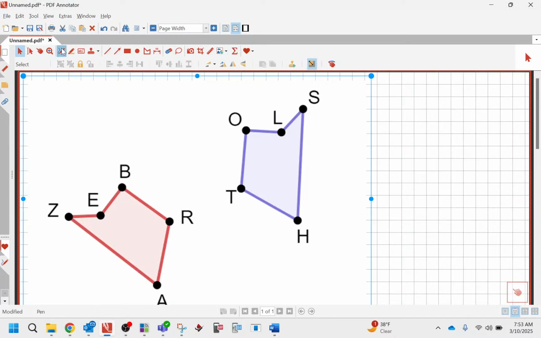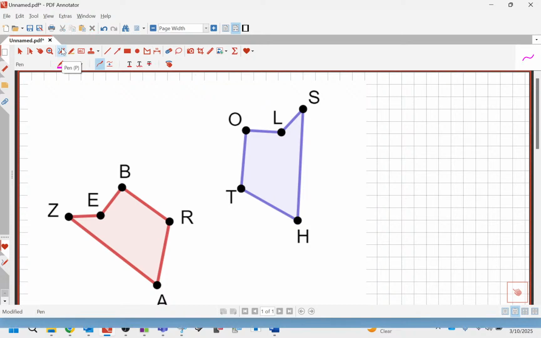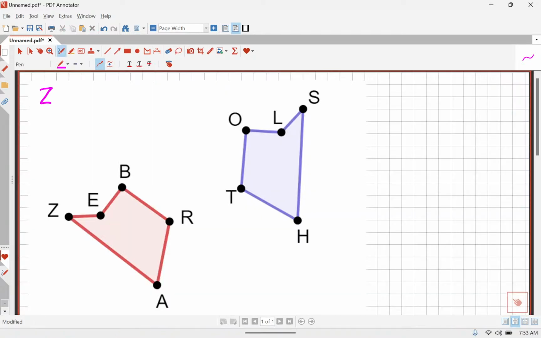So if we start with zebra, Z-E-B-R-A, we're going to say that that is congruent to what lines up with Z, Huibing? S, and then what lines up with E? Yeah, and the nice thing from there is that after it's gone from S to L, it just has to follow the figure. It can't do anything else. So that would work out right there.